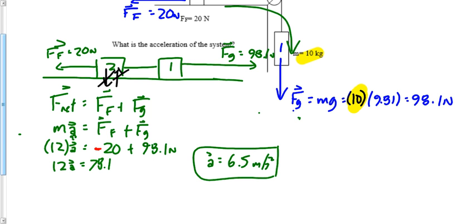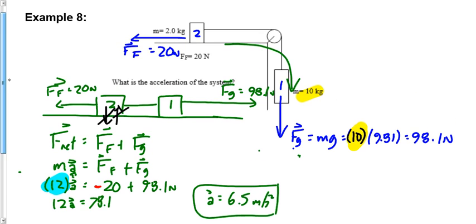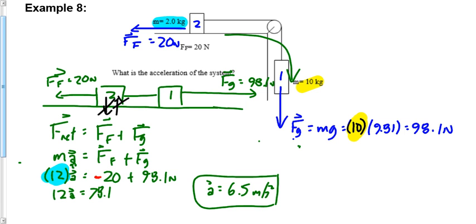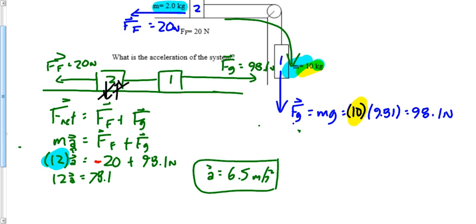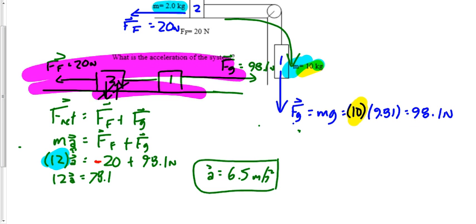The second thing that we've got to be careful of is that in the net force, we're using the total mass, the 2 and the 10. And the third thing that I want you to recognize makes this a little bit different is that we want to redraw this so that we get the signs correct, the positives and the negatives correct.